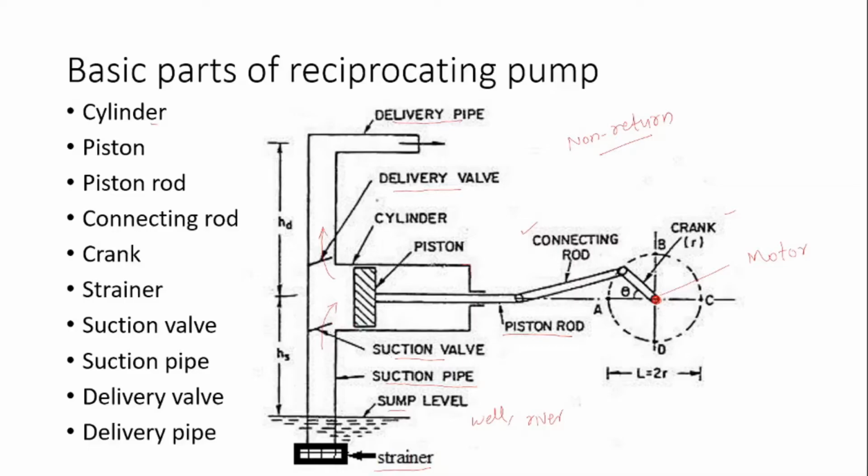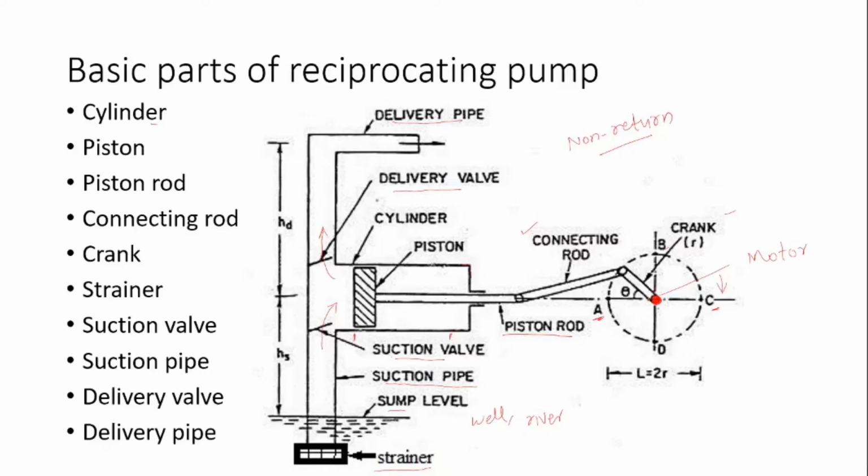Now let's see how this pump works. We know that we have a motor or IC engine connected to the crankshaft. When the motor rotates, the crank will also rotate. Suppose the crank rotates clockwise. When the crank rotates clockwise from point A to point C through B, the piston moves from left to right.